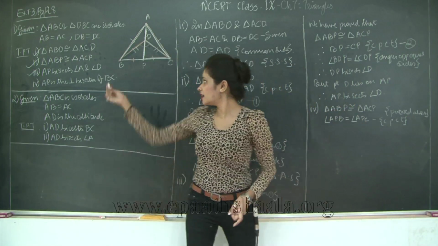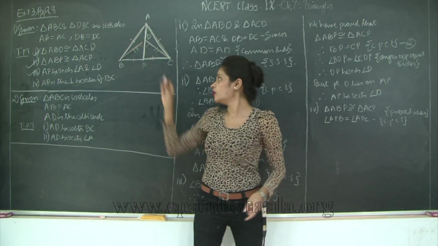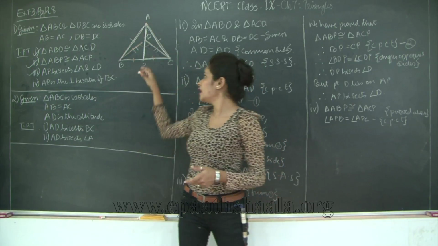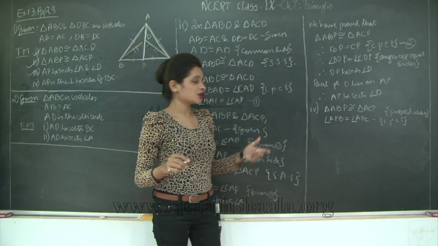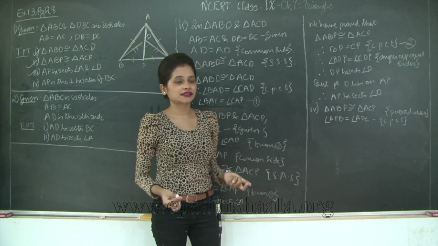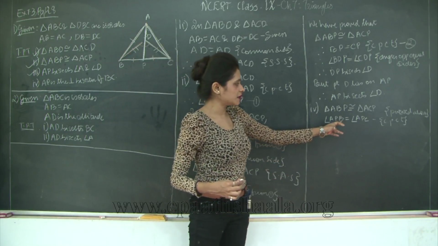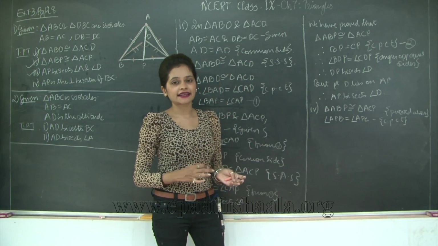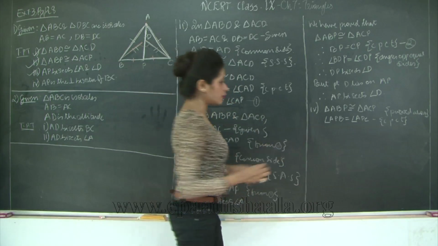But if you see, my BC is a straight line and the line AP stands on it. Therefore, angle APB and angle APC make a linear pair. Therefore, angle APB plus angle APC is equal to 180 degrees by the linear pair axiom. So, if I take each of the angles as x, then 2x is going to be 180 degrees, therefore x is going to be 90 degrees, that is 180 degrees divided by 2, which means APB is equal to APC, which is 90 degrees, which means that both the angles are right angles, therefore AP is perpendicular to BC. So, let us write this down.